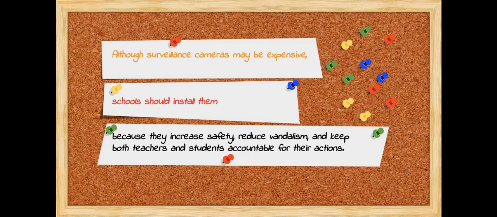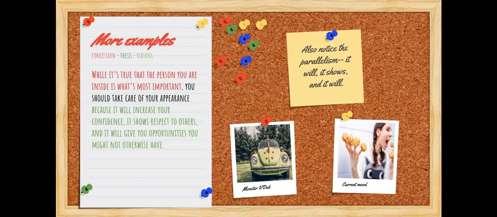You can see that the beginning, the concession, has a contrast transition, although, and then moves on to the thesis, which is the topic and your opinion, and then ends with the three reasons that the reader can expect to see in the essay. Here are a few more examples to take a look at.